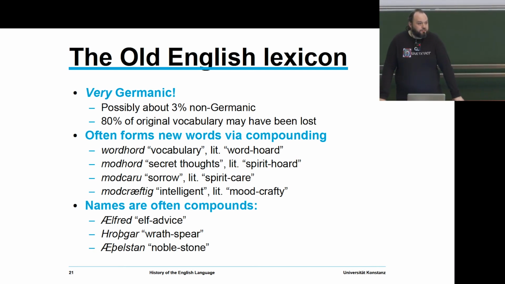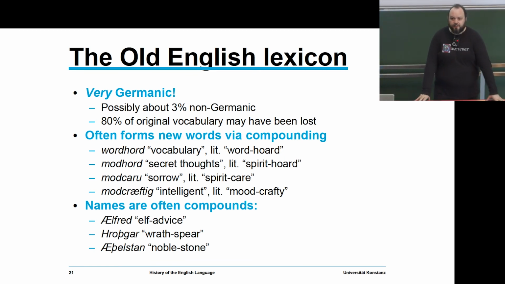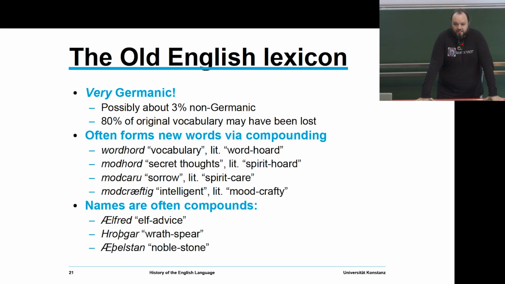What's cool also about Old English is that names are very, very often compounds. So Alfred, we saw King Alfred before. His name, the first compound is elf, and there's a whole literature on elves in Anglo-Saxon England. You can go and look it up if you don't believe me.